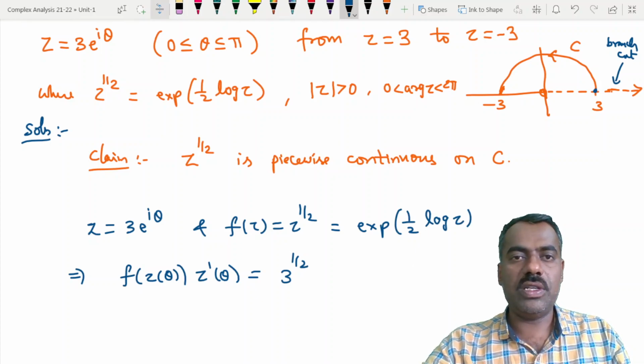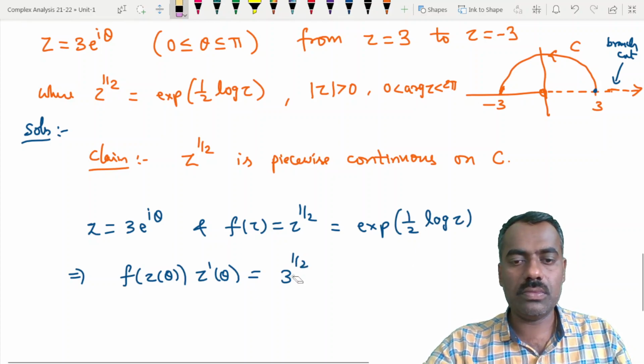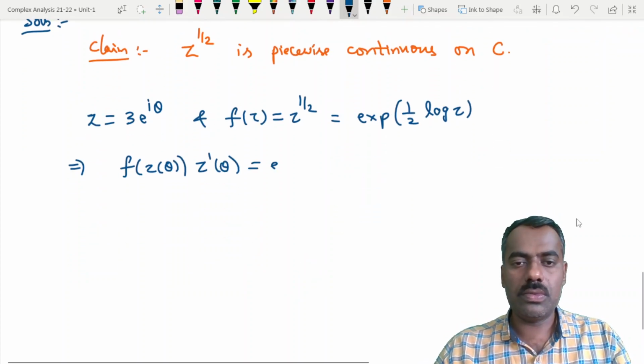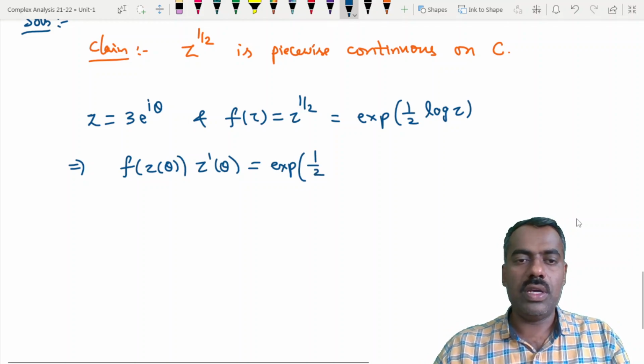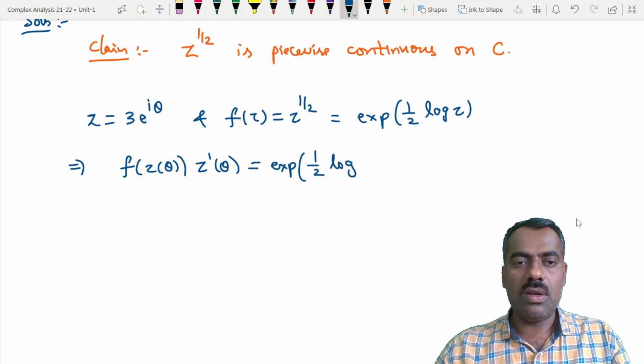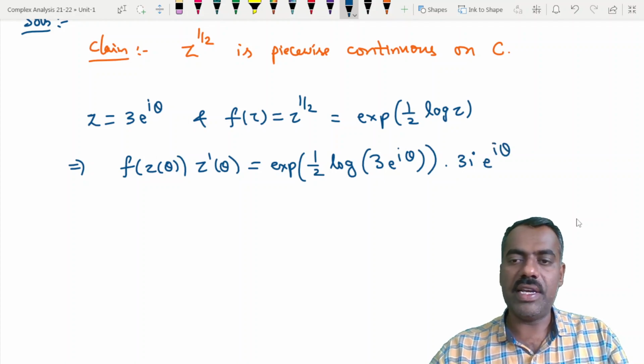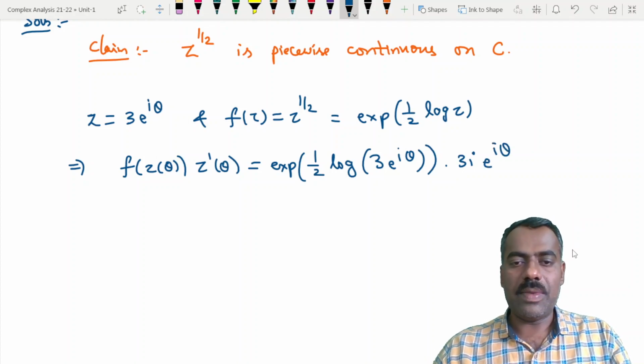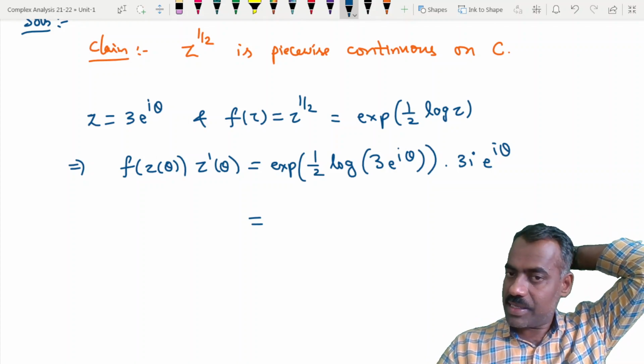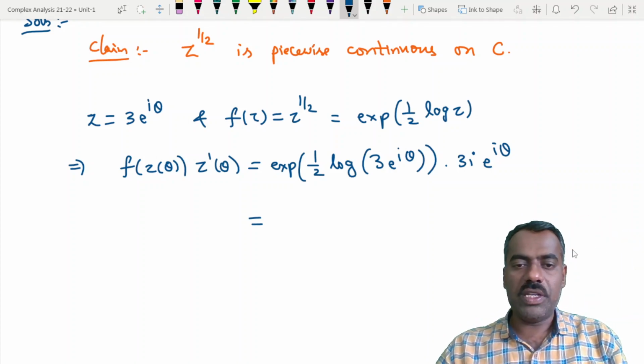So this is exponential of half into log of 3 e power i theta, into z dash of theta, which is same as 3i e power i theta, right? So this is same as, if you multiply, exponential of log 3, natural logarithm of 3.